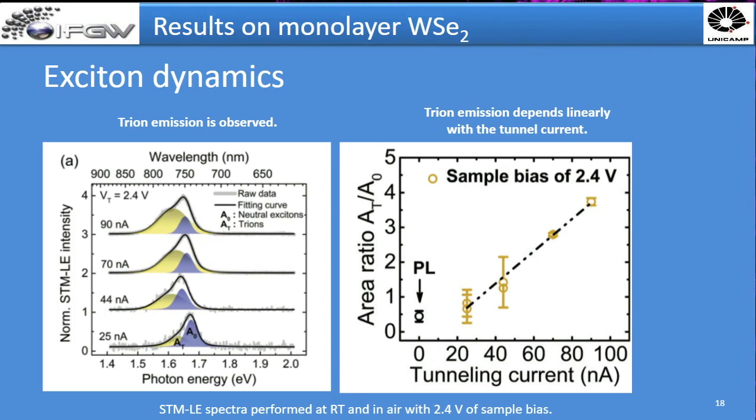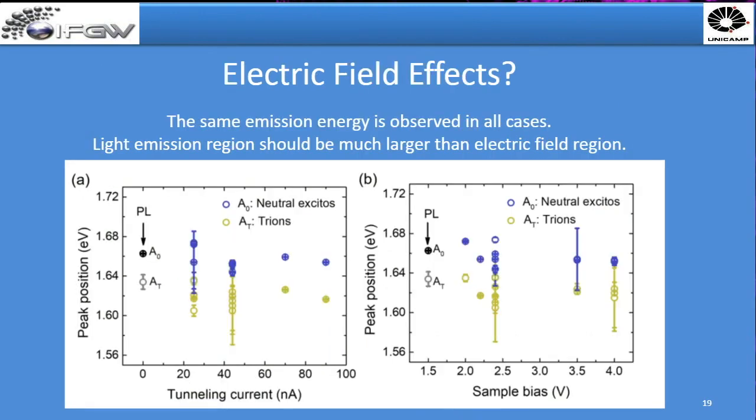And another aspect that interested us is what's the effect of the electric field, because the region that is emitting light is subjected to a very high electric field under the tip. And we basically saw no real influence on the peak position. We saw an influence on the ratio between the trion and the exciton peaks, on the peak area, but not on the peak position.